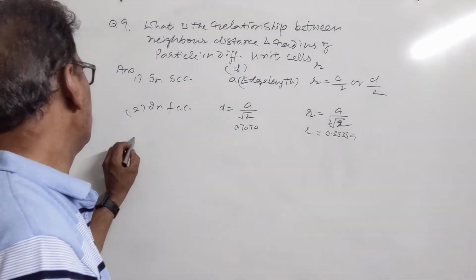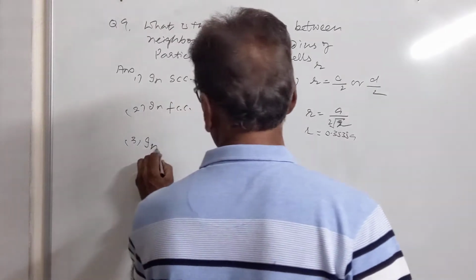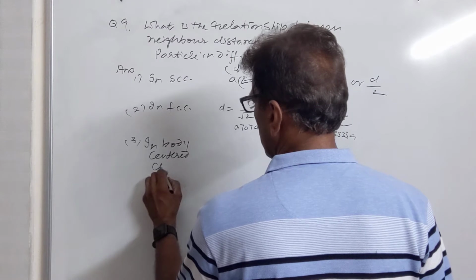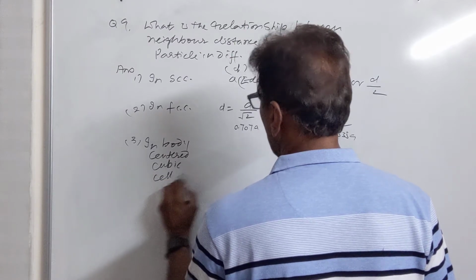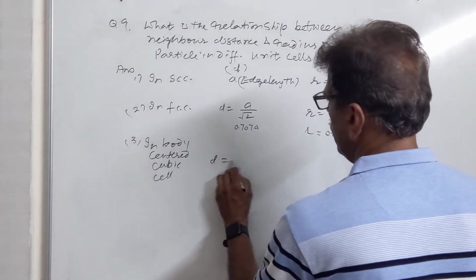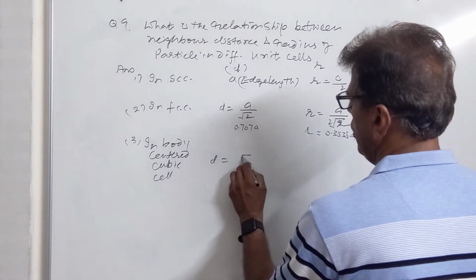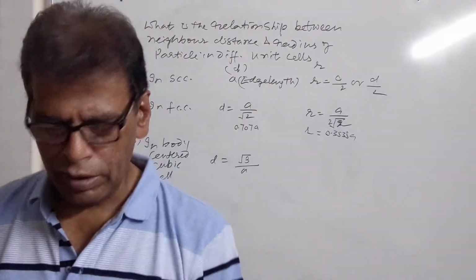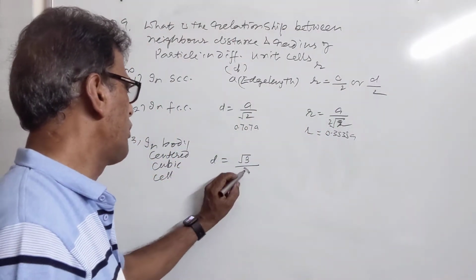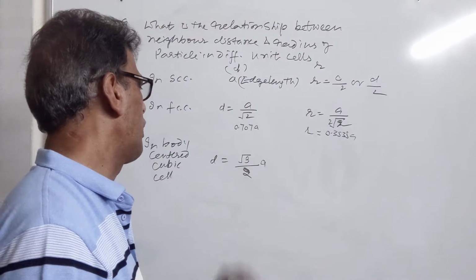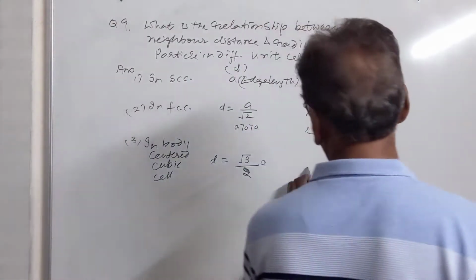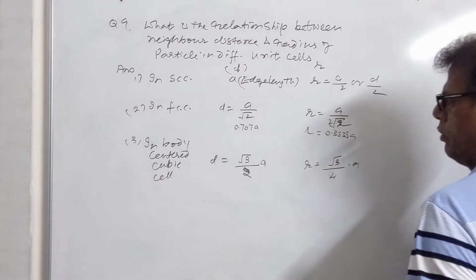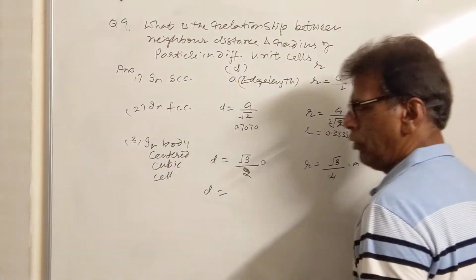Then we have for body centered cubic cell, D is equal to under root 3 upon 2 into A, or R is equal to under root 3 upon 4 into A. So it can be solved out.